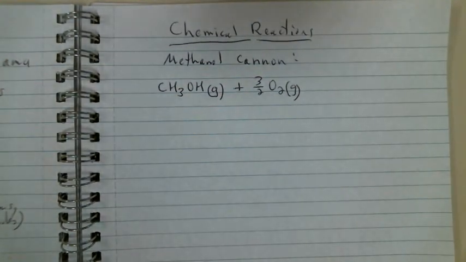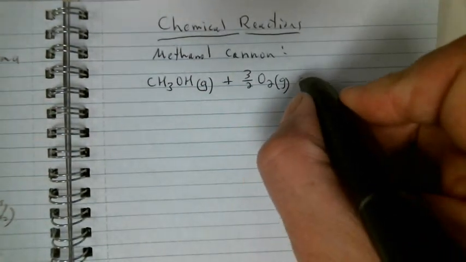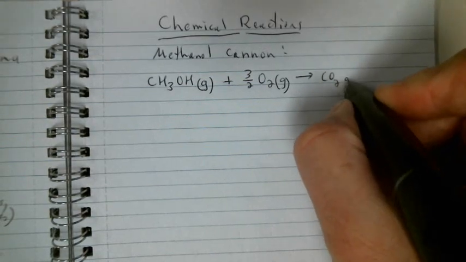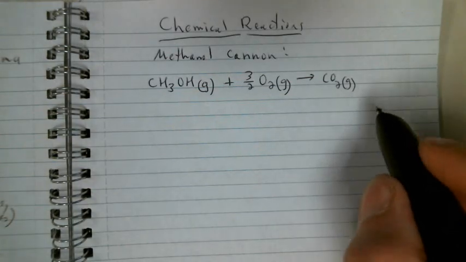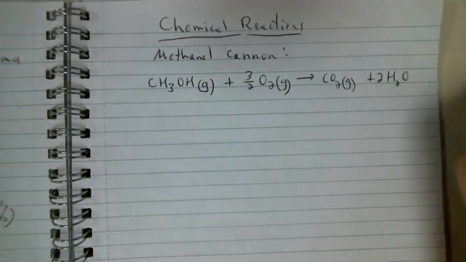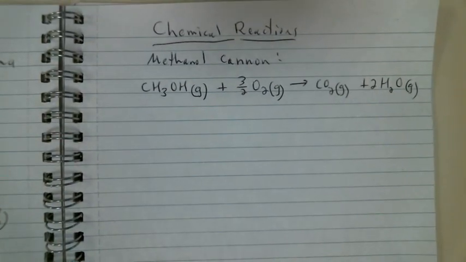We'll talk about balancing later. Right now, I just want to kind of talk about the meaning of it. And then we would get carbon dioxide. It's a combustion reaction, so we're burning the carbon to carbon dioxide gas, plus we'll get some water that's also a gas in this case. And so that's the reaction, and it's balanced.